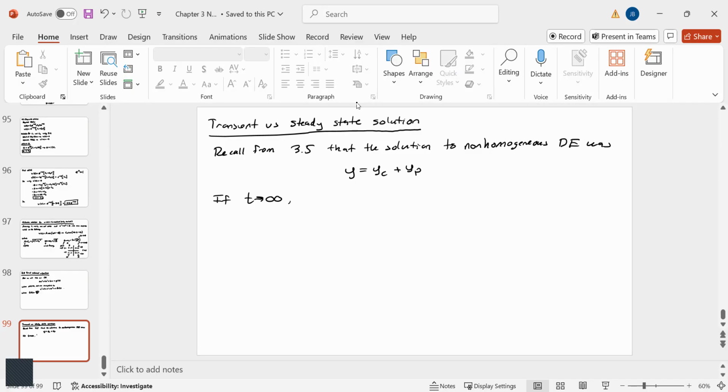As t goes to infinity, if your complementary solution, xc, goes to 0, we say it's a transient solution.